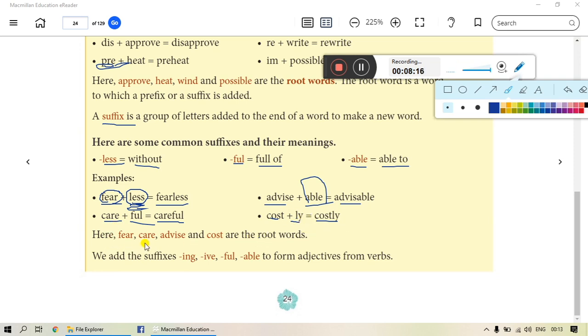Here fear, care, advise and cost are the root words. We add the suffixes ing, ive, full and able to form adjectives from verbs. You can also make adjectives from verbs, which has been done here.